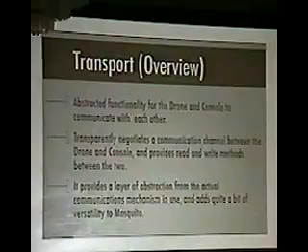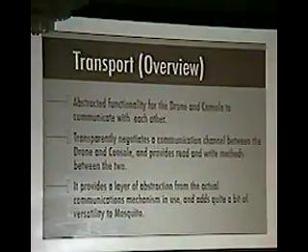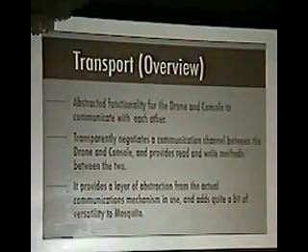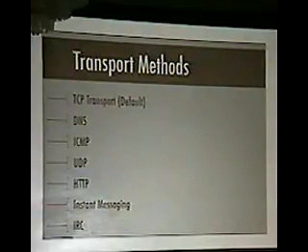Transport is an abstracted functionality for the console and the drone to communicate with each other. It transparently negotiates a communication channel between the drone and console and provides read and write methods, and read and write are separate. It's really neat because we can use different transport methods for different channels.